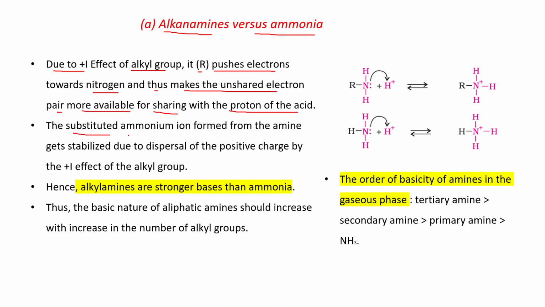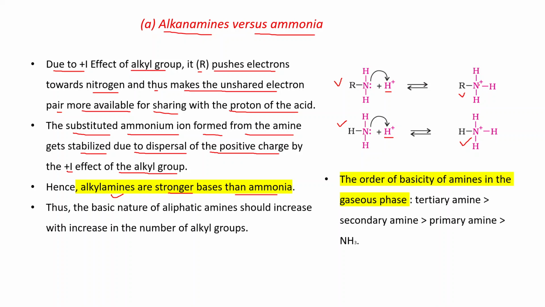The substituted ammonium ion formed from the amine gets stabilized due to dispersal of the positive charge by the plus I effect of the alkyl group. Hence, alkyl amines are stronger bases than ammonia. You can see this is ammonia. It accepts the proton and converts into an ammonium ion. And this is a primary amine. It accepts the proton and this will form a substituted ammonium ion.